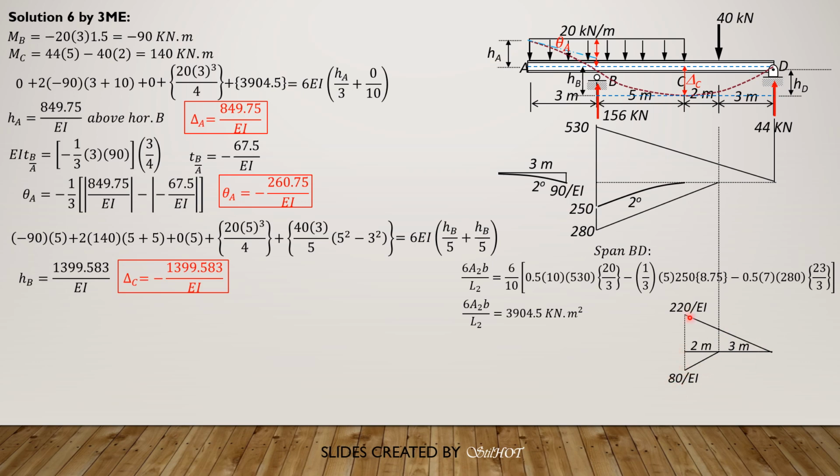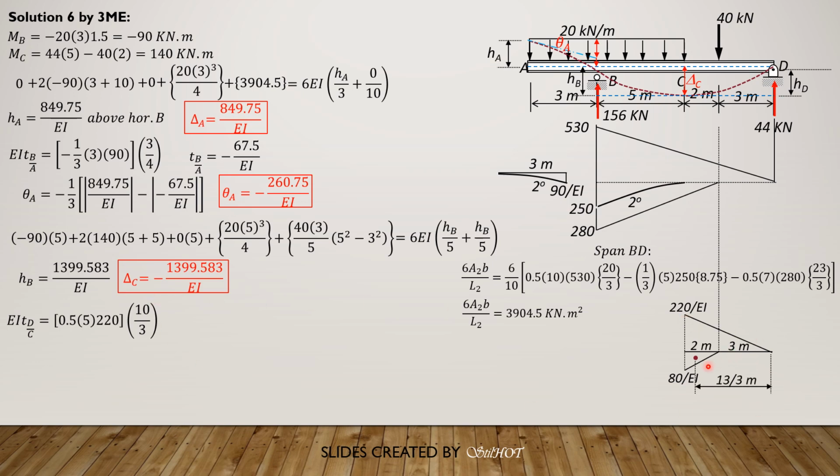So let's consider this area for segment CD, and let's evaluate 6A2B over L2.